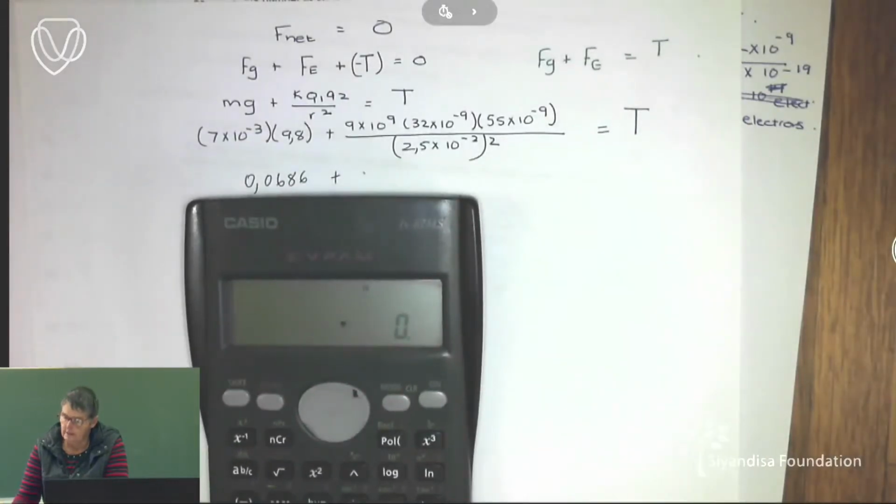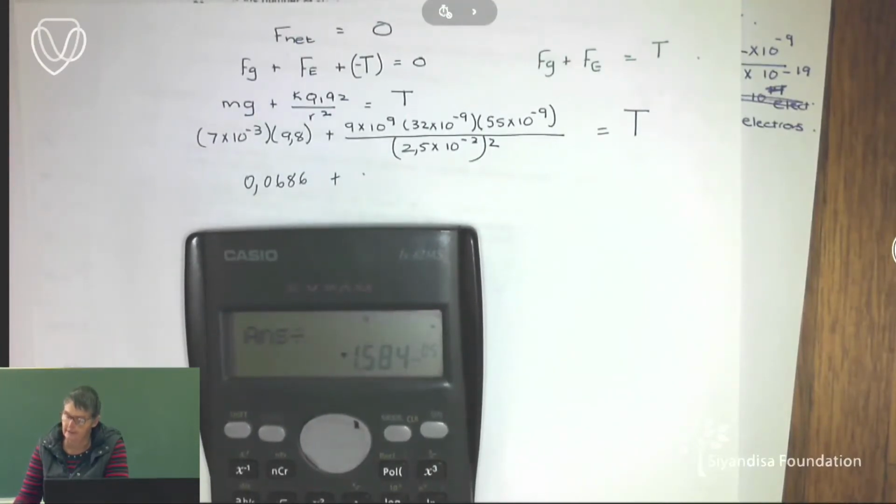That's going to give me 9 times 10 to the 9th times 32 times 10 to the negative 9 times 55 times 10 to the negative 9, divided by, and please do not forget this, 2.5 times 10 to the negative 2 squared.